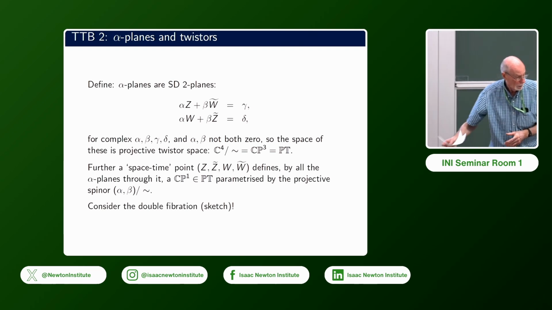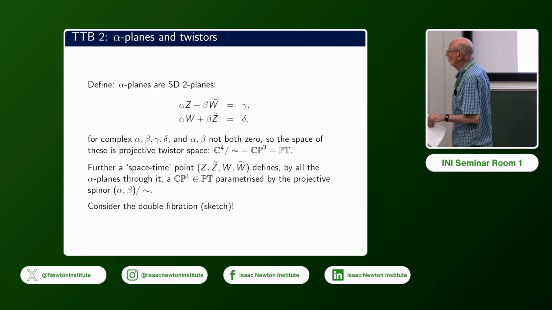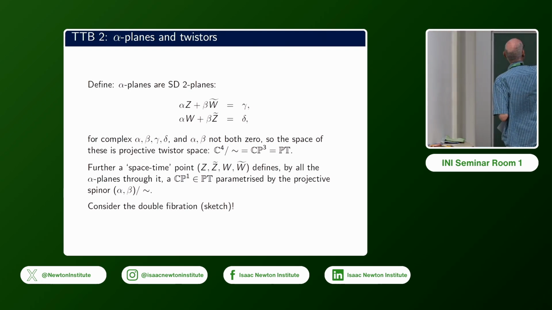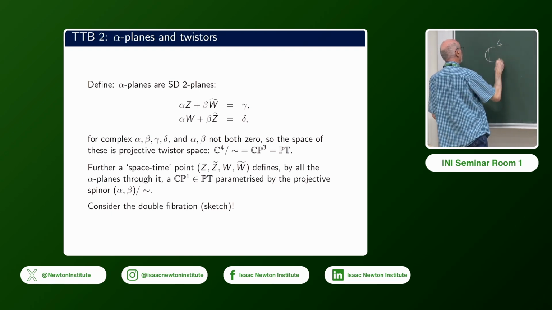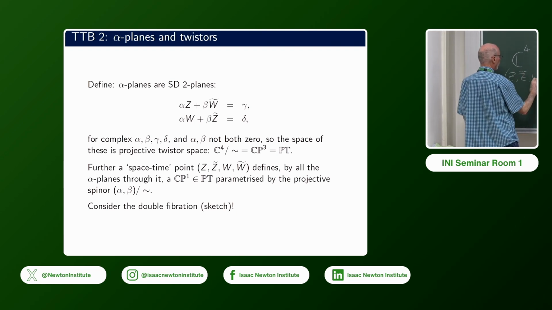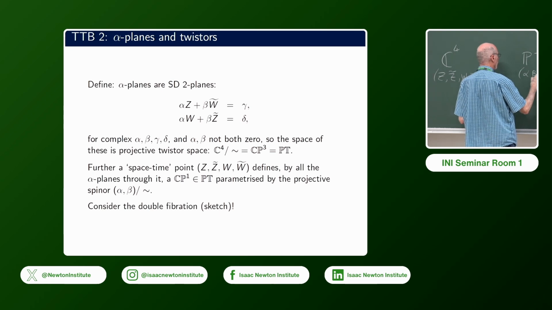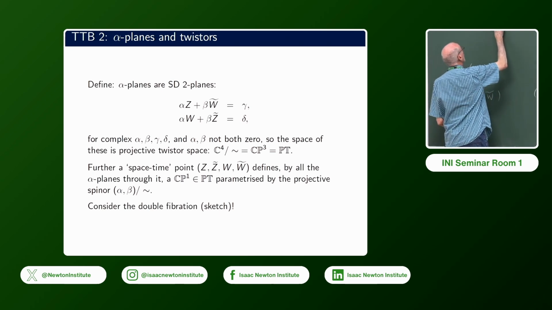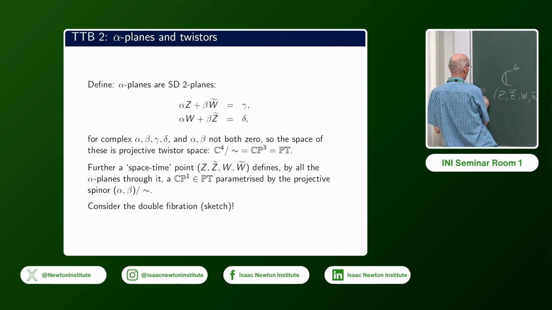So you have this double fibration picture, which is where mathematicians typically start, and I'll just put it here so I've got it. So down here, I've got my C4, and that's the space of the coordinates. And over here, I've got my PT, and that's the space of the alpha, beta, gamma, deltas. And then up here, I can have my space of these guys, which we'll just call Z^A.